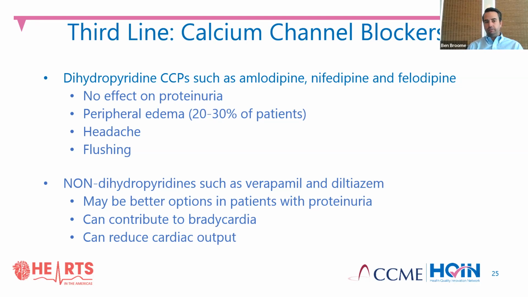They do not have an effect on reducing proteinuria. And they do also have a fairly common side effect of peripheral edema. I see it quite often. I typically don't have to stop these medications because the edema is that bad. I might need to increase use of diuretics.